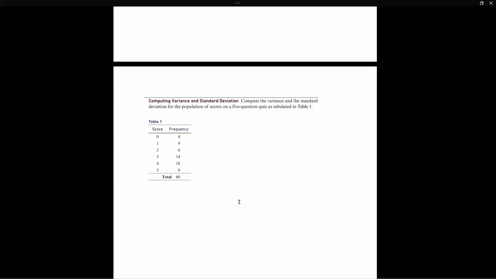Similarly here, you will build this table, because you have the x that's given. Then you have the frequency, then you need to find x minus mu, then square it, then multiply it by f_i, for this formula.